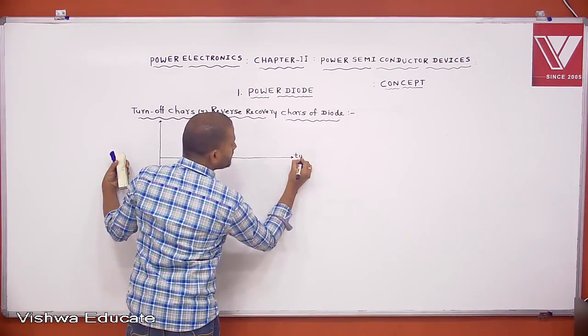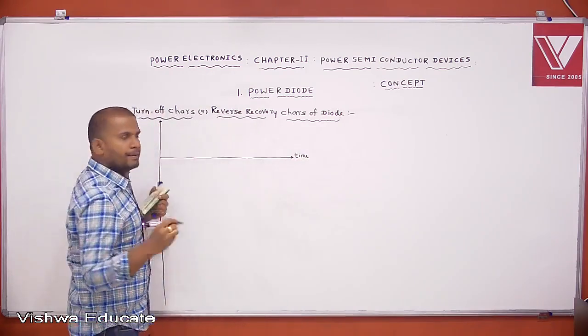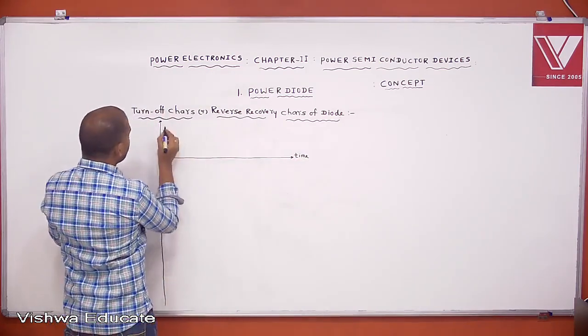This is the time axis and this is the forward current.